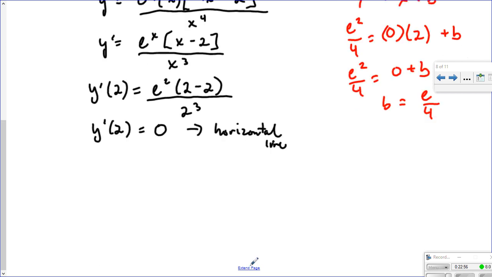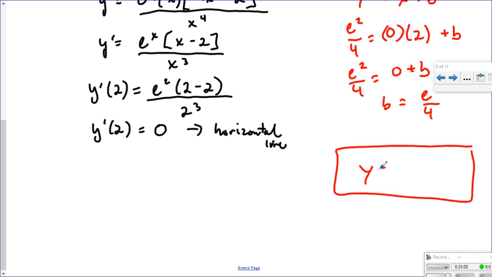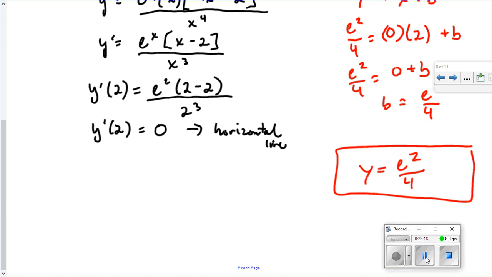So my actual line here is y equals e squared over 4, and that's a flat horizontal line with a slope of 0. I'm going to show you this in Desmos, and I'll pause it here and show you what we've got.